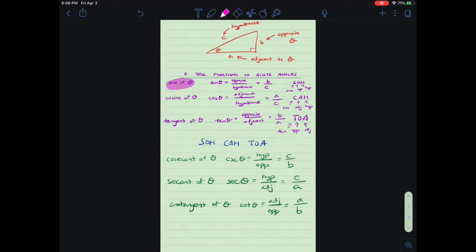We have sine theta, cosine theta, tangent of theta, and then we have cosecant of theta, secant of theta, and cotangent of theta. And so we're going to be looking at these 6 trig functions, and we're going to be finding the value of the 6 trig functions for a given angle. So let's go right into our first example.